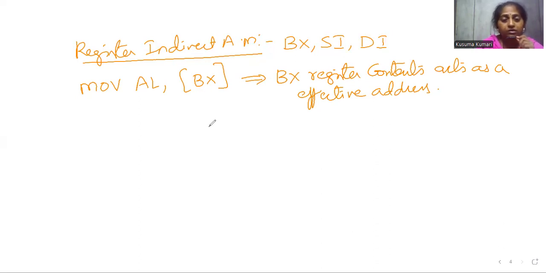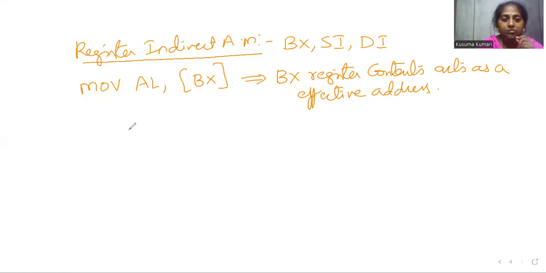With that effective address, the physical address can be calculated. Once the physical address is calculated, the memory location can be identified, and whatever data is available in that memory location is transferred to AL.